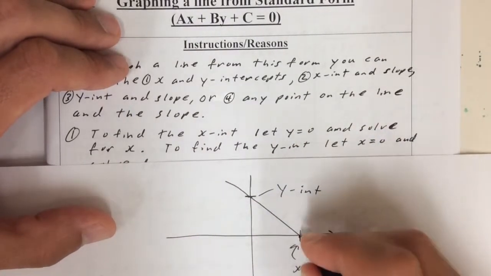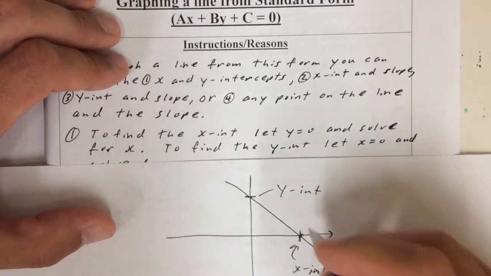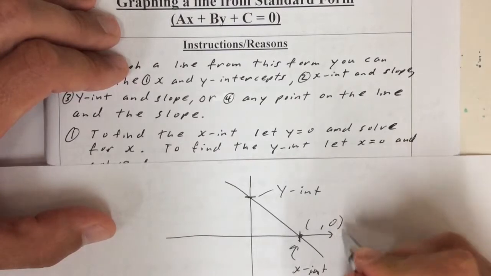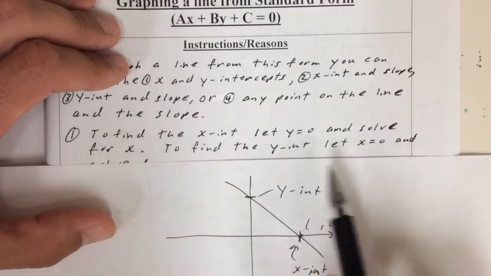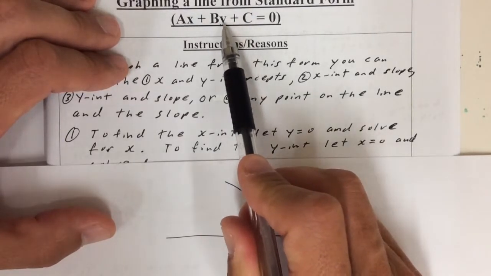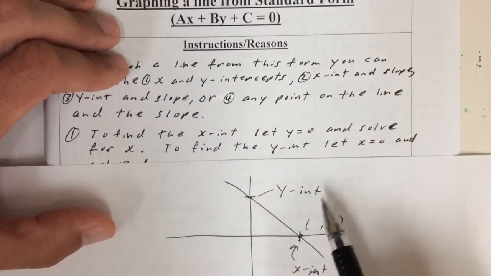The coordinates there are going to be something for x and 0 for y. So just sub y equal to 0 into the equation, and that piece goes away, and then you can just solve that equation.